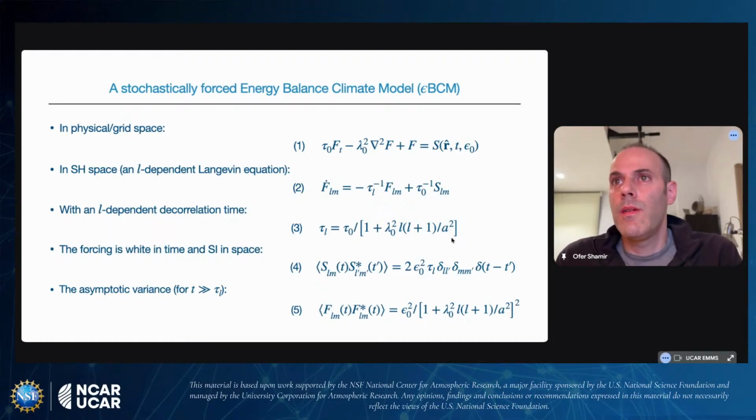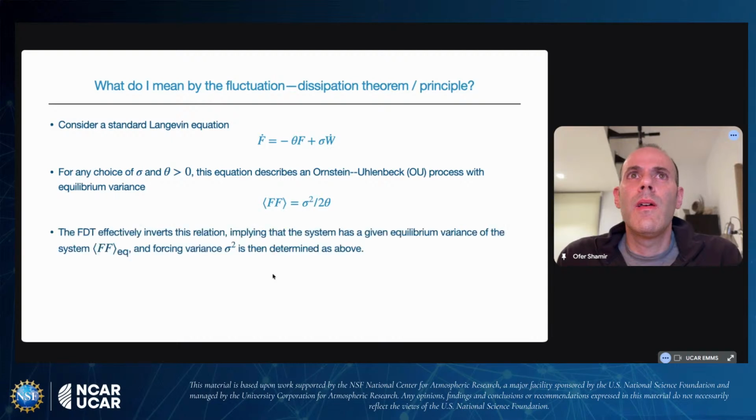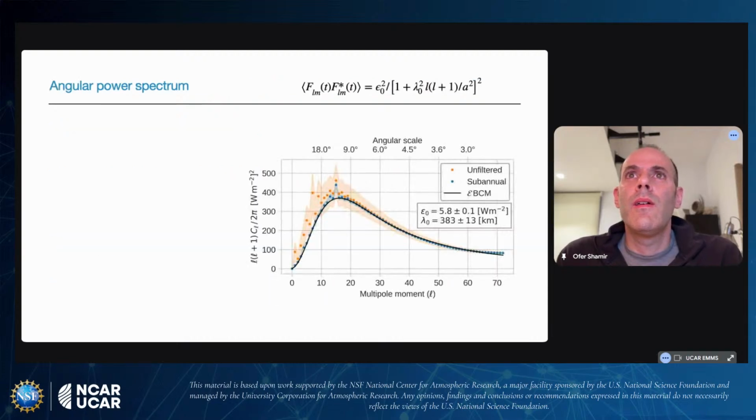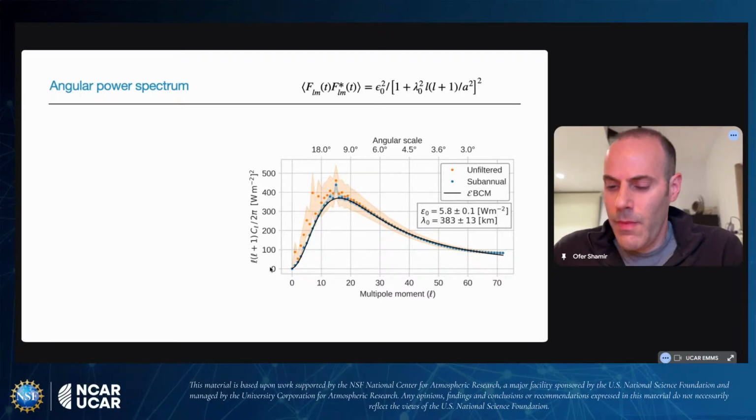Thank you. So sorry for that. In this slide, lambda 0 has units of length, and A is the radius of the Earth, so this term is dimensionless. I hope that answered the question. Apologies for that.